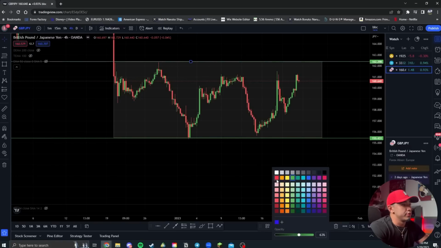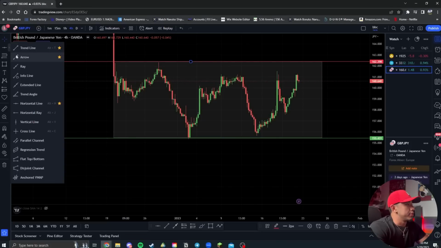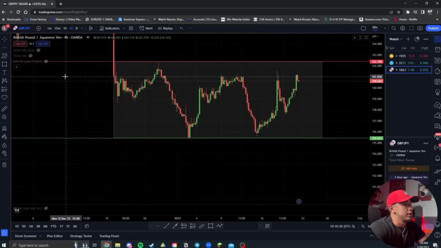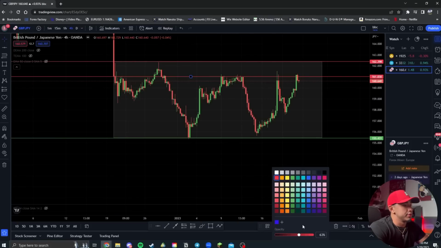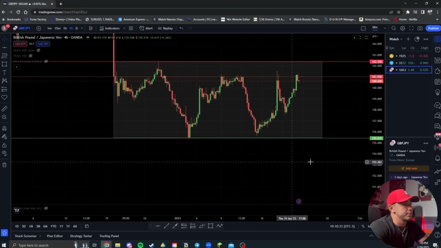Now I like to do in between zones whenever I'm doing this as well, just so I can see where price action could have some trouble moving through. But what I actually do is I'll put it right where the body ends rather than the candle wicks. And what I do to differentiate them, since I know this isn't as strong as, oh my bad, let me just go right here. I'll switch this down.